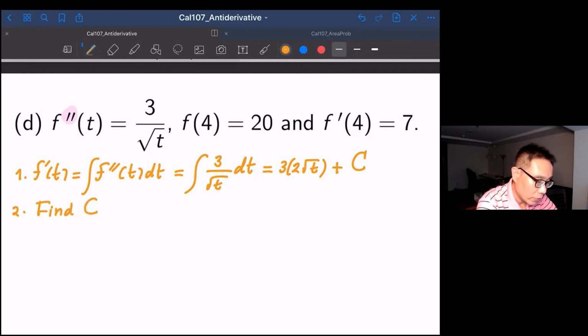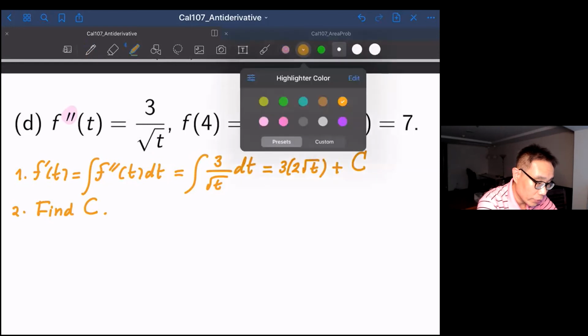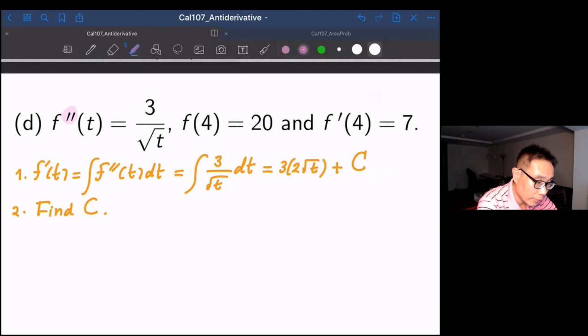You're going to use f prime 4 equal to 7 in order to find c.